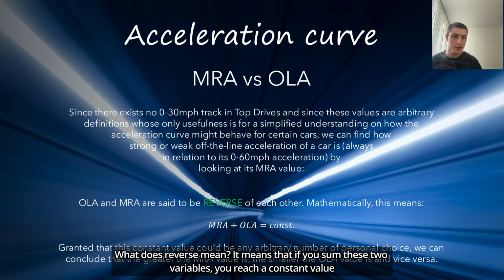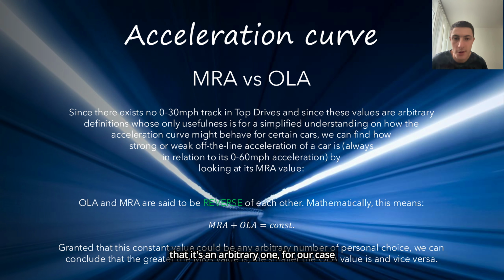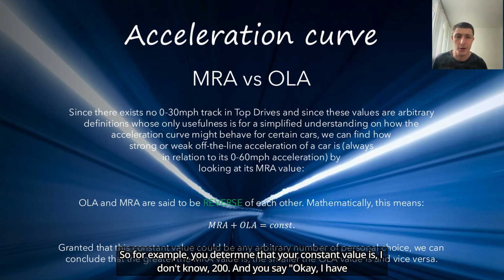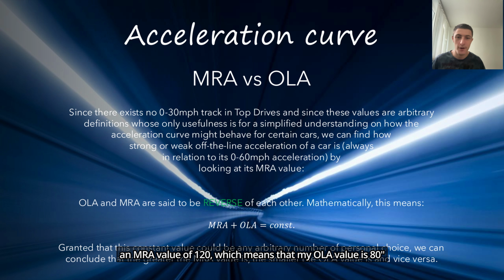What does reverse mean? It means that if you sum these two values, you reach a constant value that is an arbitrary one for our case. So for example, you determine that your constant value is, I don't know, 200. And you say, okay, I have an MRA value of 120, which means that my OLA value is 80.